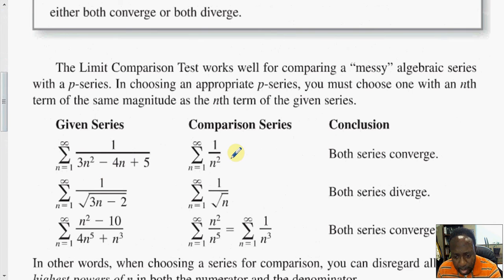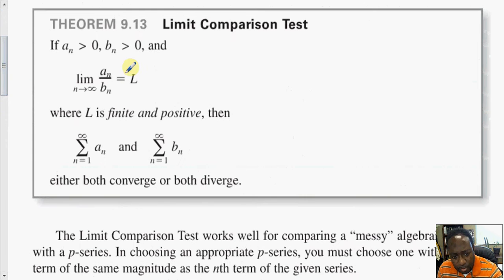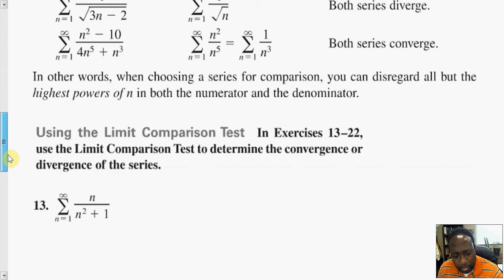You want to compare to just take the biggest term out of the series, and that has the most emphasis. So this would be the summation of 1 over n squared. This would be the summation of 1 over the square root of n. This would be the summation of 1 over n to the third. Right? And then we're going to use this theorem to determine whether or not we have convergence or divergence for the given series.